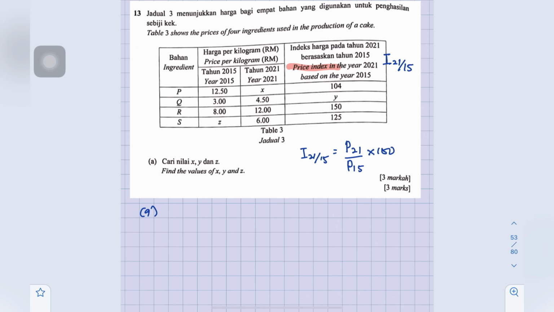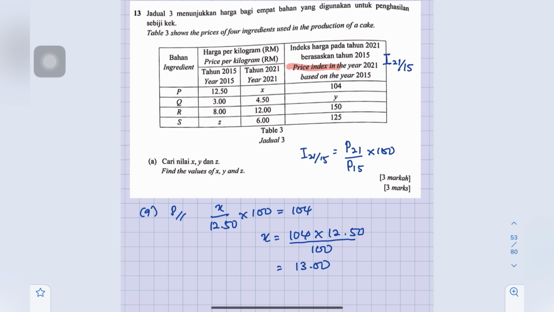For ingredient P, X over 12.50 times 100 equals 104. So X equals 104 times 12 ringgit 50 over 100, which equals 13 ringgit.